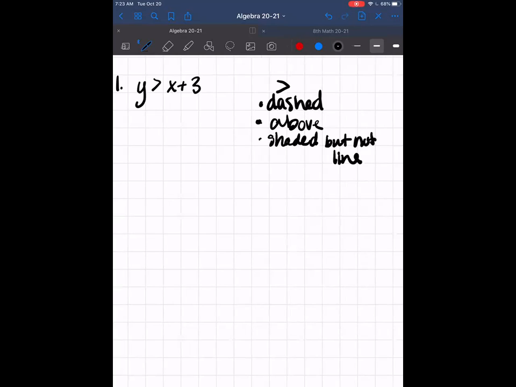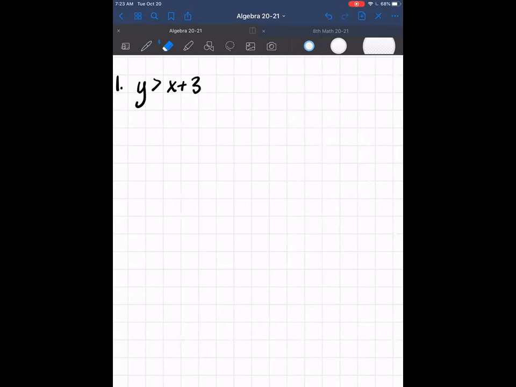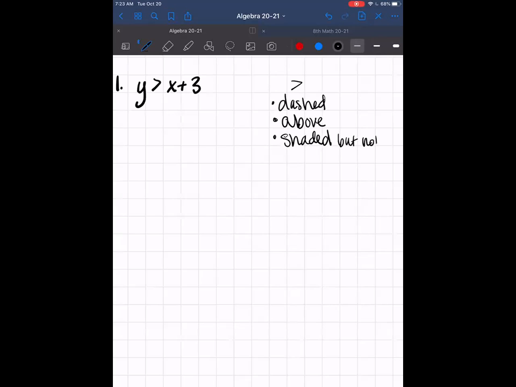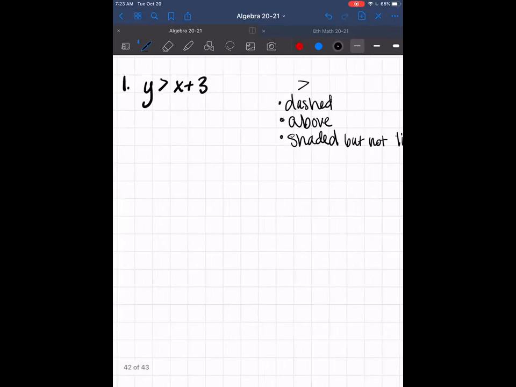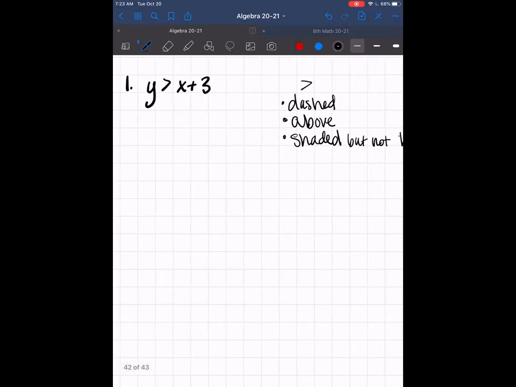I really need to write that thinner. Here we go. It's dashed, above, shaded but not line. Okay, so I'm going to draw a graph real quick.